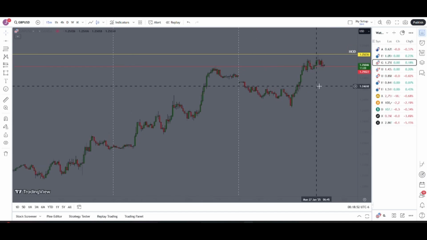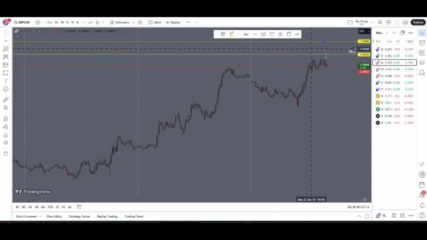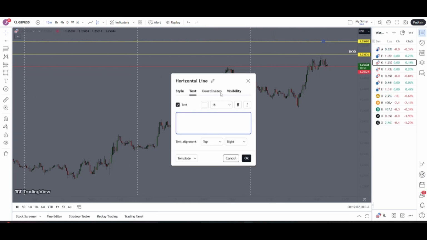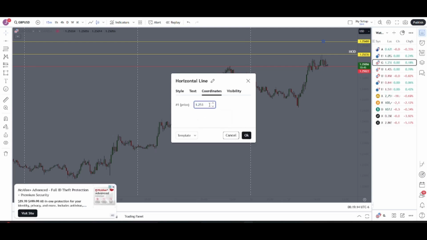So once I enter the sales, my stop loss will be 7 pips above the high of the day. So 7 pips above the high of 25236 will be 253. Let me do this. One second.